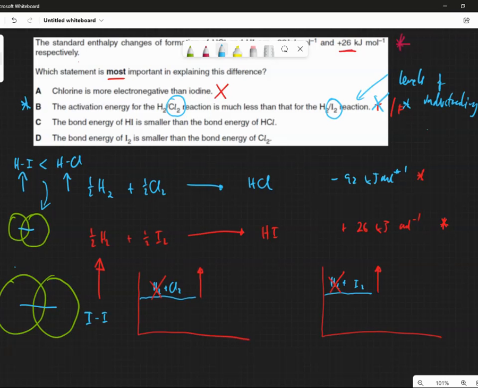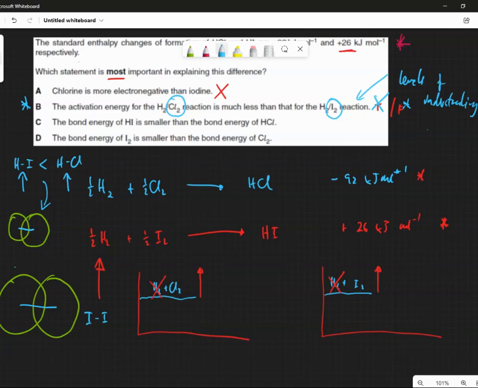The formation of HI or the formation of HCl? Which one gives out more energy when it is formed? Well done, Moses. Well done, Marang. Oh, Marang, I didn't know you were there. It's the formation of HCl, isn't it?